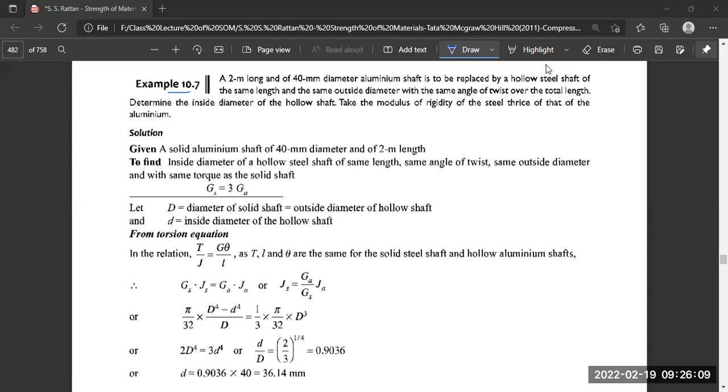Determine the inside diameter of the hollow shaft. Take the modulus of rigidity of the steel as thrice that of the aluminium.